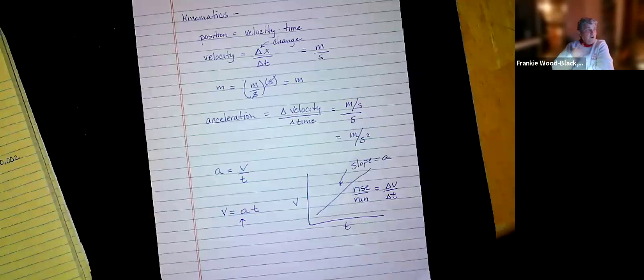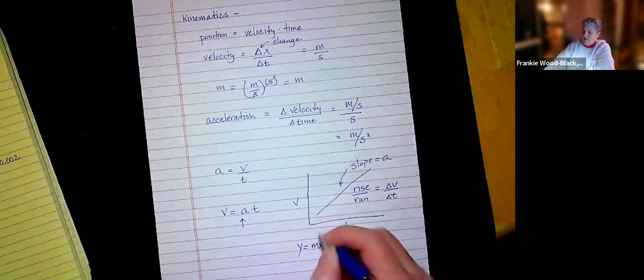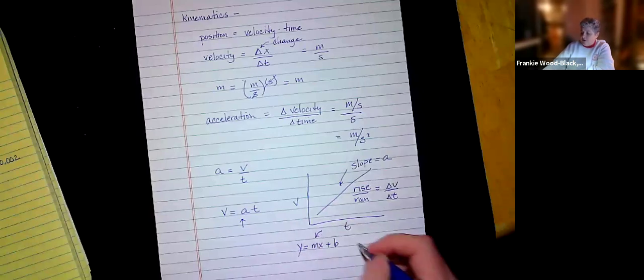So for those 4 graphs where you're looking for an acceleration, if I do a velocity versus time plot and I get a straight line, remember that's y is equal to mx plus b, where m is the slope. This is our equation of a line.